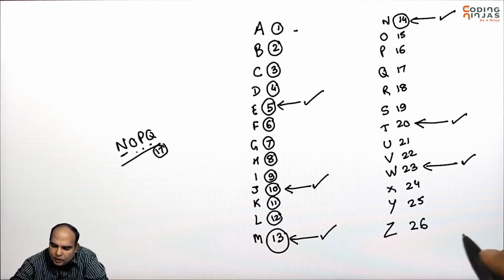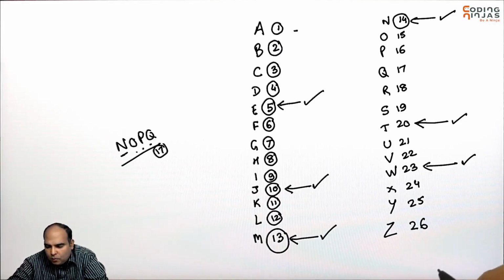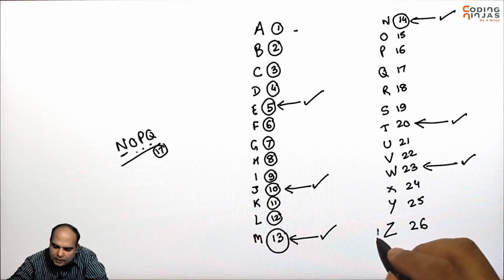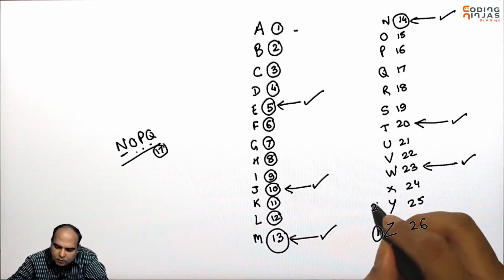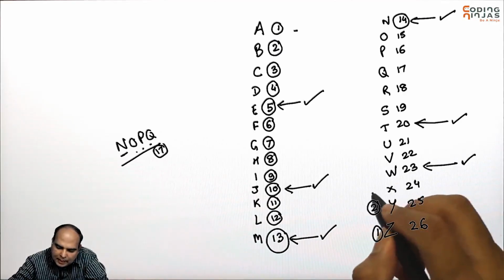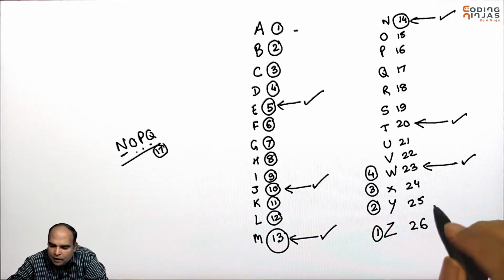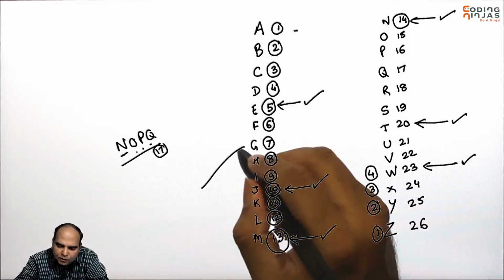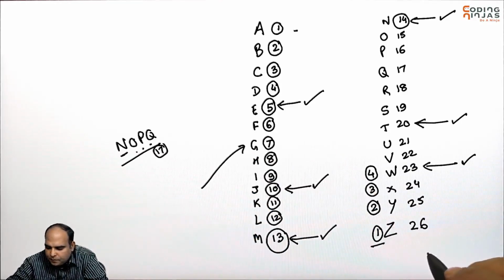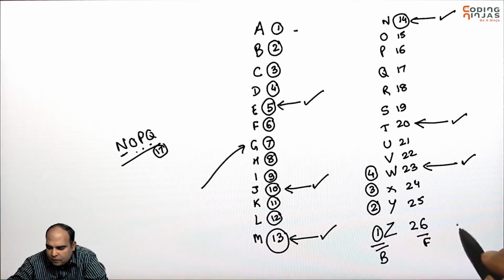And the opposite pattern also exists. If you take the alphabet list in reverse order, Z is the first one, Y is the second, X is the third, W is the fourth, and you can extract any value. If you want to find what G will be, look at this pattern: the sum of the going-forward and going-backward positions will always be 27 for any alphabet.